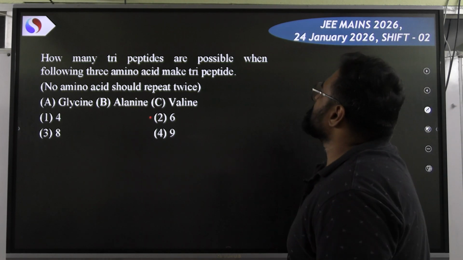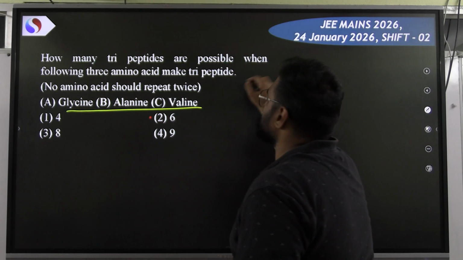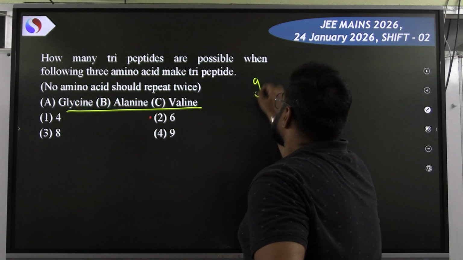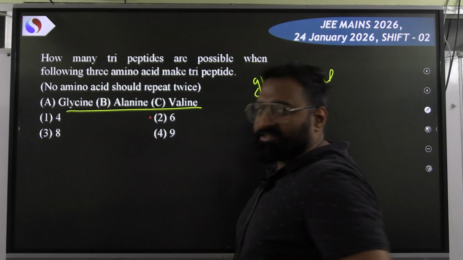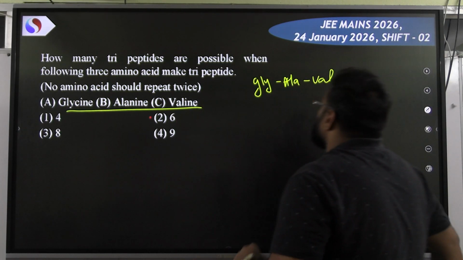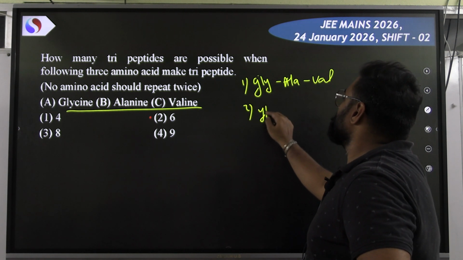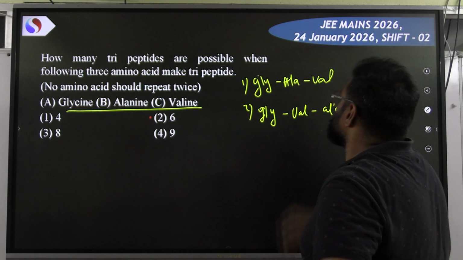How many peptides are possible? These are glycine, valine and alanine. Let's make them quickly. Case number 1: combine all of them and remove water molecules. Now, if I keep this fixed and rotate, this will be case number 2.